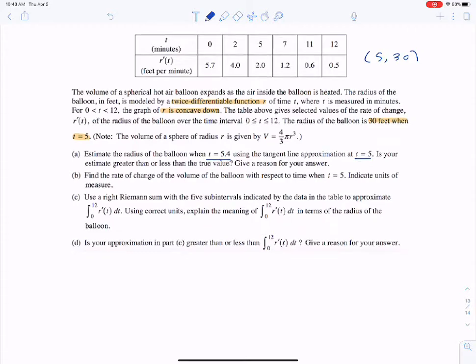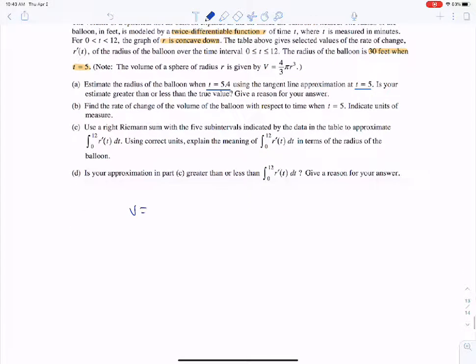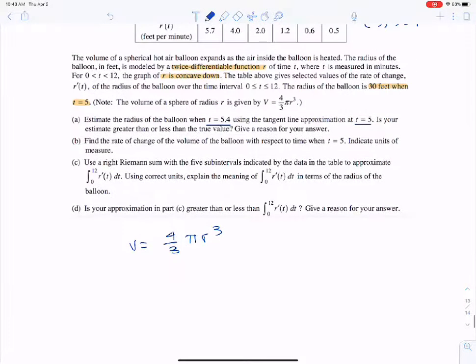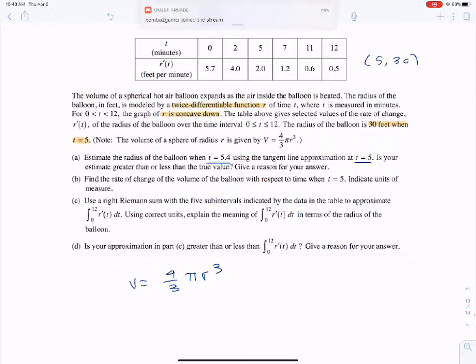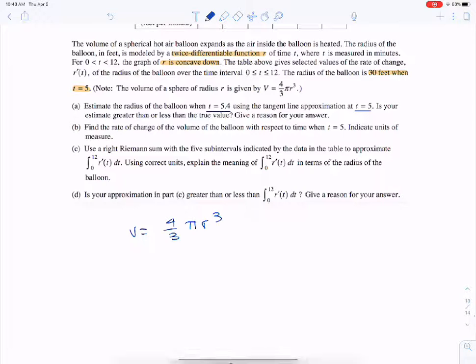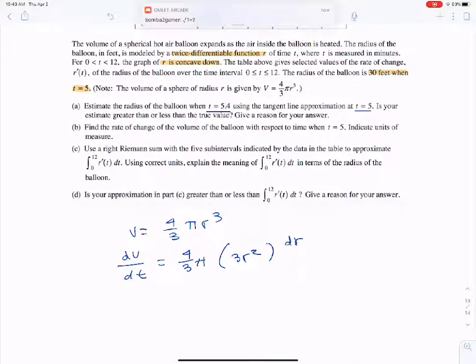So they gave us a formula, and the formula is volume equals 4/3 pi r cubed. Let's take our derivative here, with respect to time. So I'm going to get dV/dt equals 4/3 pi times the derivative of r cubed, which is 3r squared dr/dt.